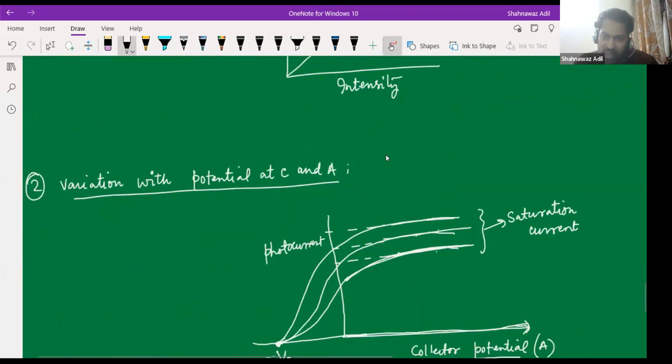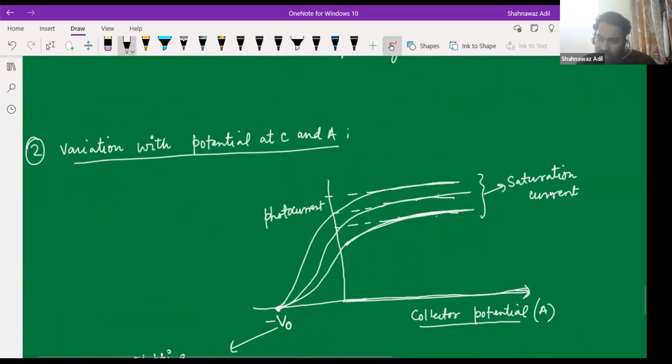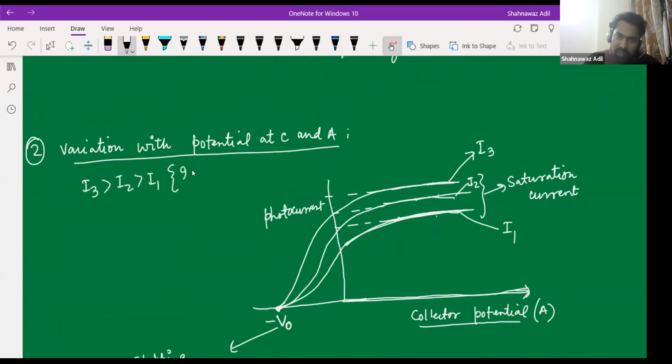So this saturation current is only dependent upon the intensity. This one is I3 intensity, this one is I2 intensity, this one is I1 intensity. So I3 is higher than I2, which is higher than I1. And these are intensity.